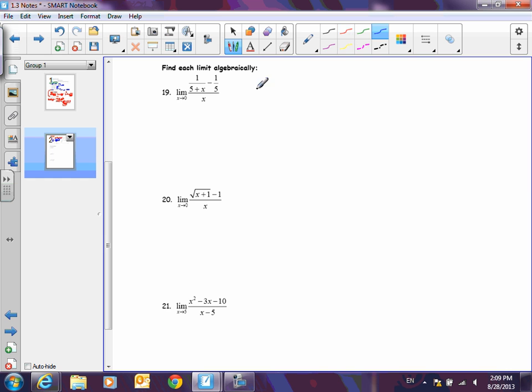All right. So, limits of equations. How do we find limits of an equation or of an expression? What was that first thing we always wanted to do? Direct substitution. Go for it.